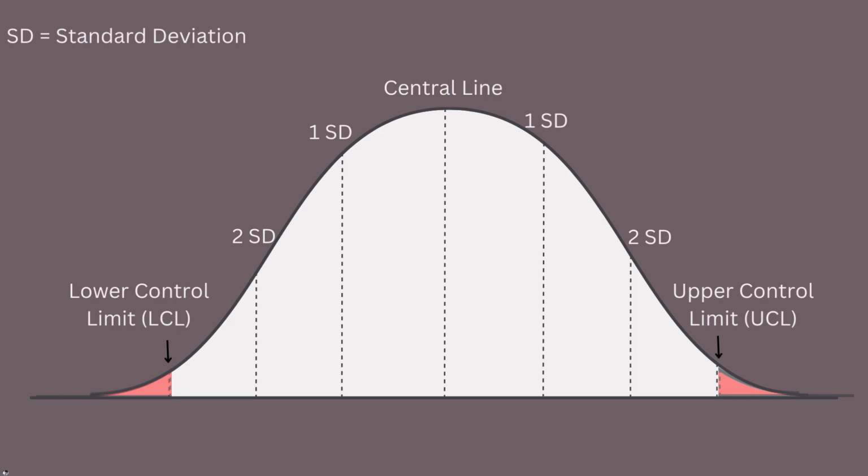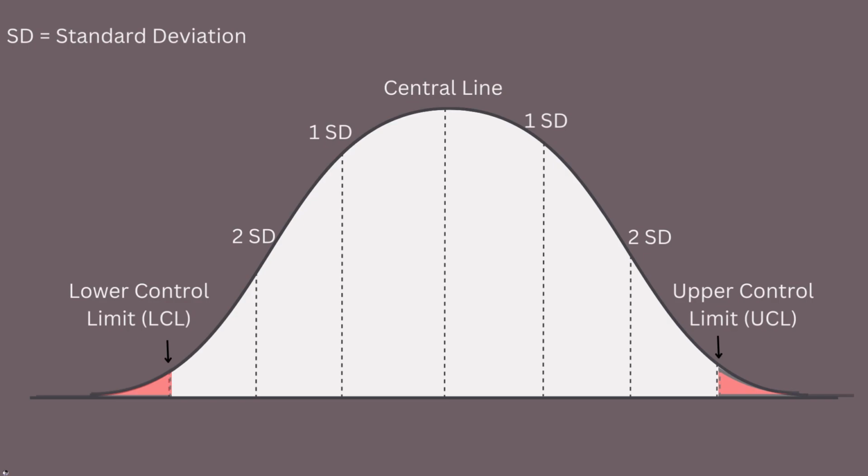This means that when your control limits are set at 3 standard deviations away from the central line, you can expect that 99.7% of all data points will fall within the green zone, between the upper control limit and the lower control limit, if the process is in control and only affected by common cause variation.